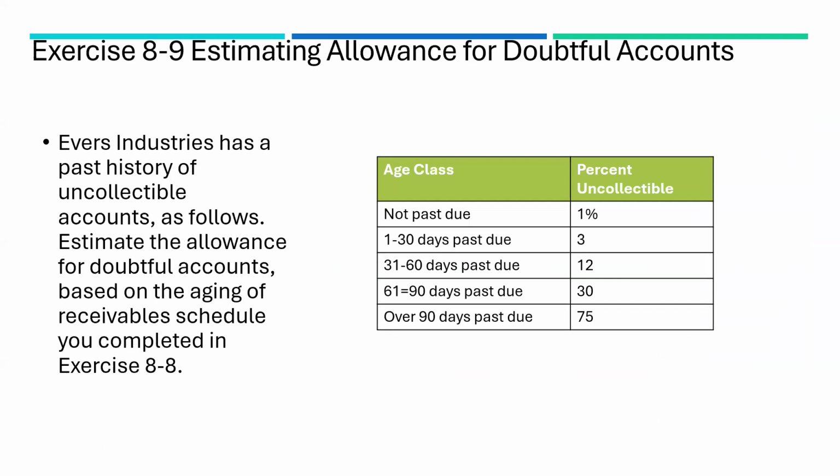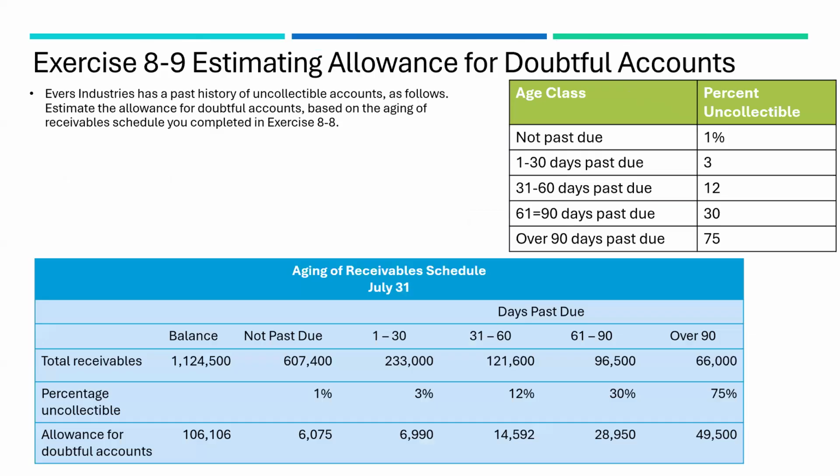So we have not past due, we say 1%, 1 to 30, 3%, 31 to 60 is 12%, and then 61 to 90 is 30%. And we multiply that on the total receivables that are in each bucket. And so we have to take all of our receivables and add them up. And then we get our allowance for doubtful accounts, and each bucket has its own balance.